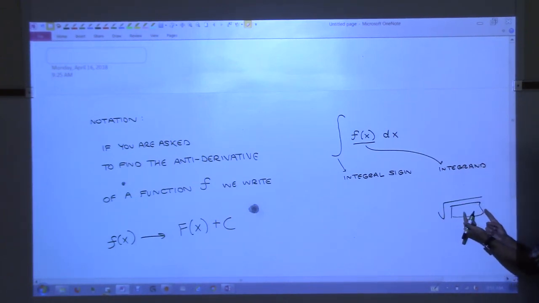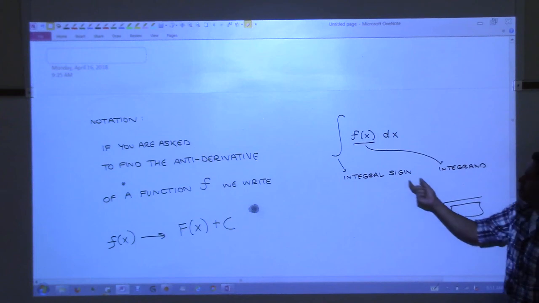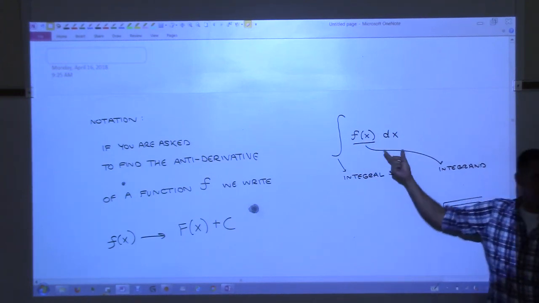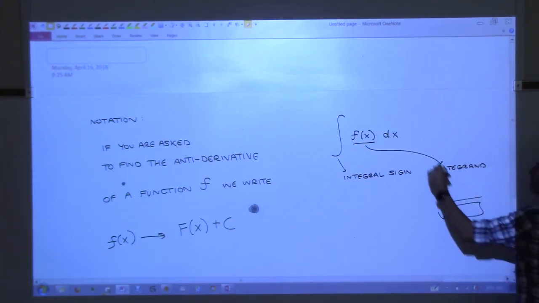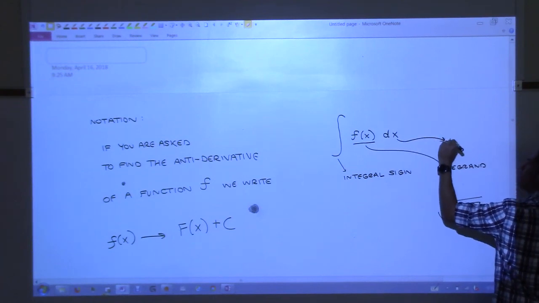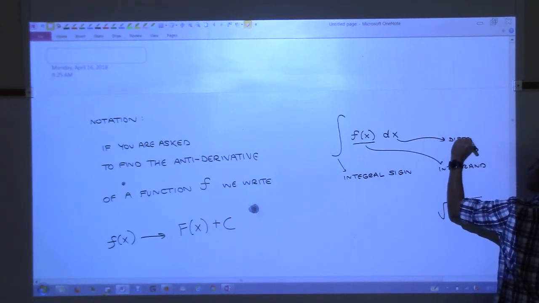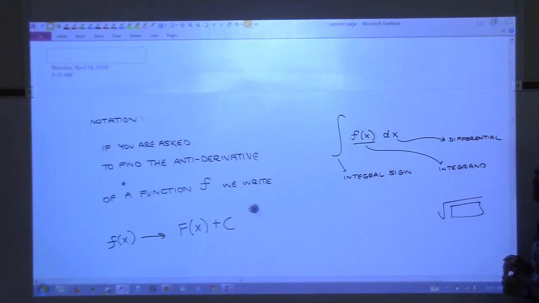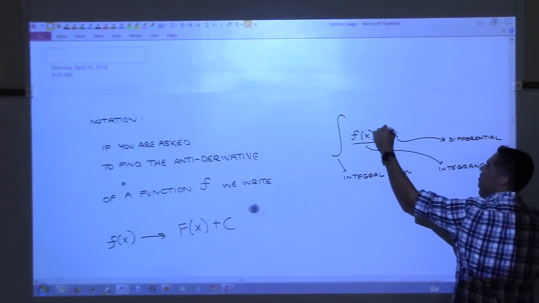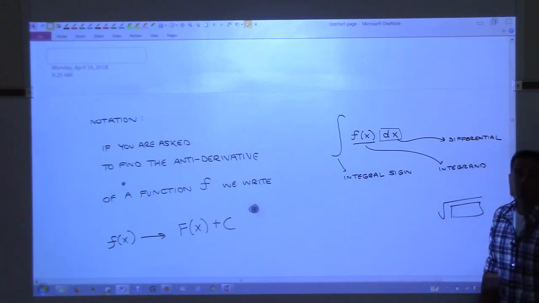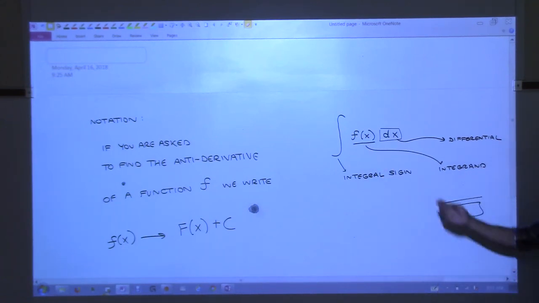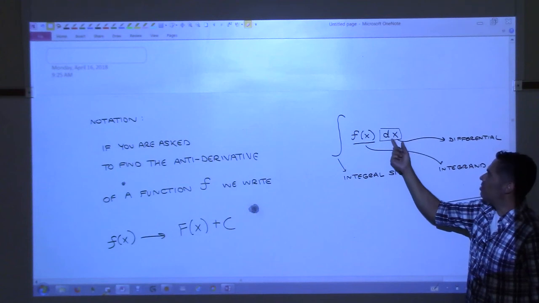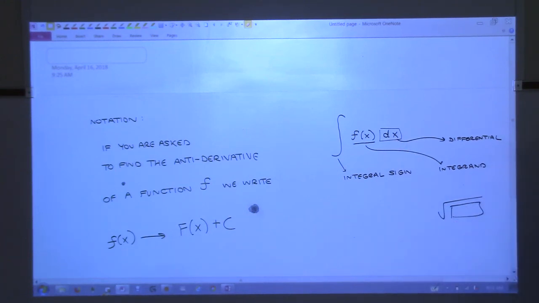Whatever's underneath the radical is called the radicand. Well, whatever's inside the integral sign is called the integrand. And then this right here is going to become important later. This is called your differential. But for now, just think of this as the thing that tells you what your variable is. So x is the variable in the problem. So this just verifies that that's what it is. All right, so there's the notation we use, okay?